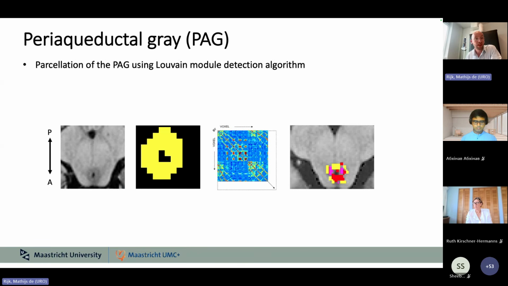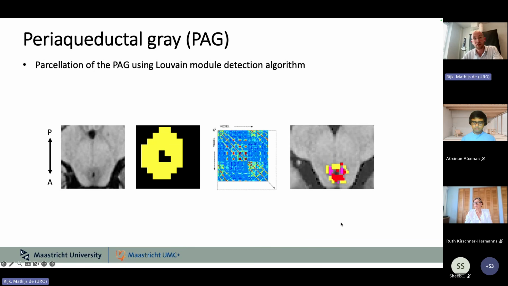We used an established algorithm. I will not go into a lot of detail, but with fMRI research, you measure activity, oxygen consumption, in small parts of the brain, and we do it in 3D areas called voxels. It's just a three-dimensional pixel, and for us that contains information about oxygen use within the part of the brain that is represented by that voxel. We correlate all of the voxels within the PAG with each other in their time course of oxygen use.